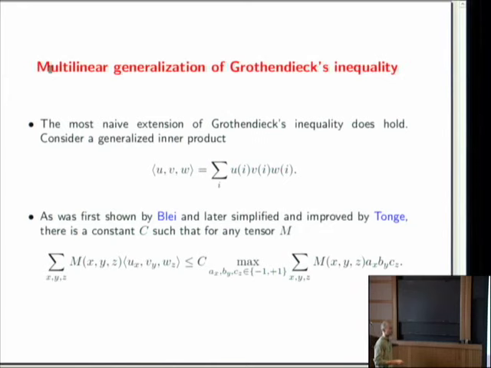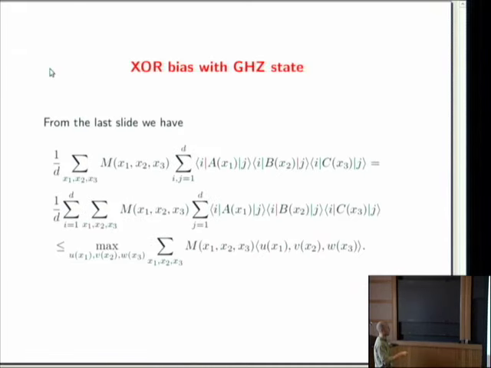This constant you can choose to be something like 10, but more interestingly, in the k-party version, look at the sum in the inner part: a sum from j equals 1 to d of the product of these entries. As we run over i, we're taking the generalized inner product of the ith row of A with the ith row of B with the ith row of C.